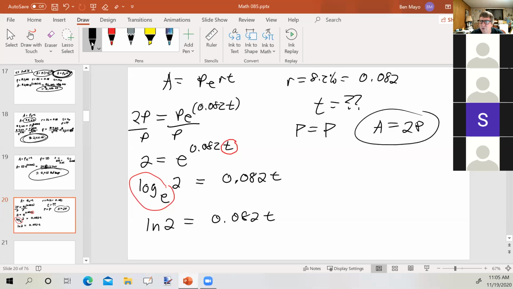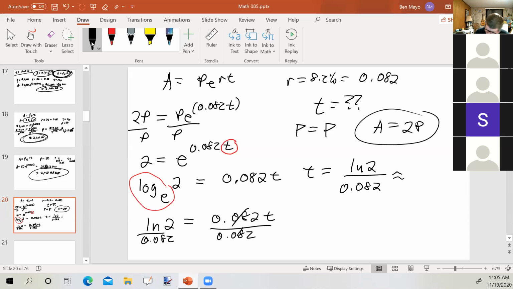Now, how would you solve this for T? You would divide both sides by 0.082. Okay? So T equals the natural log of 2 over 0.082. Are you okay with that? I guess so.